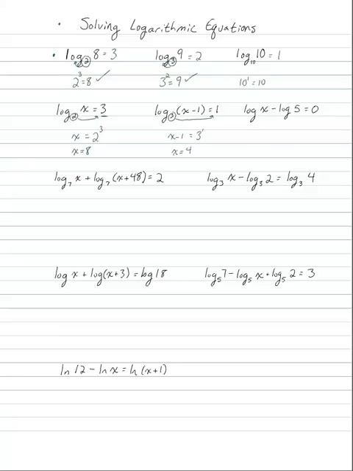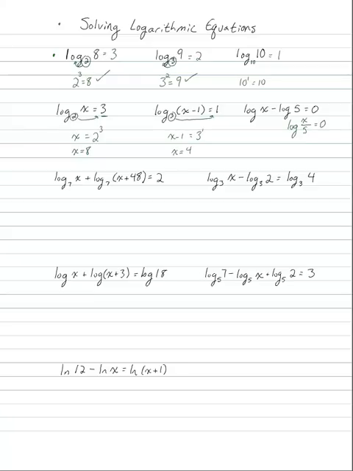Add my 1 over. If I have something like this, log of x minus log of 5 equals 0, well, currently I've got 2 logs. And in order to do this, I'm going to need a single log. Well, we know how to write this as a single log. To write as a single log, I write the log with a fraction bar. Anything positive goes on top, so my x is going to go on top, and my 5 is going to go on the bottom, and that's going to equal 0.